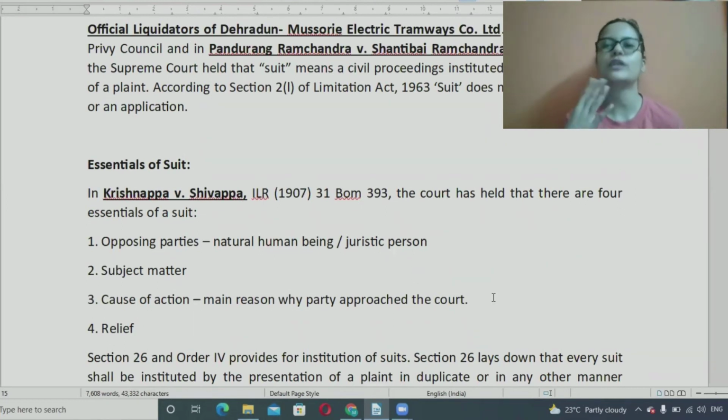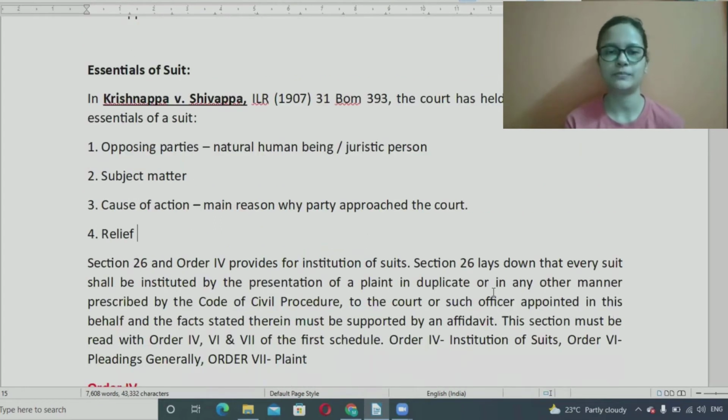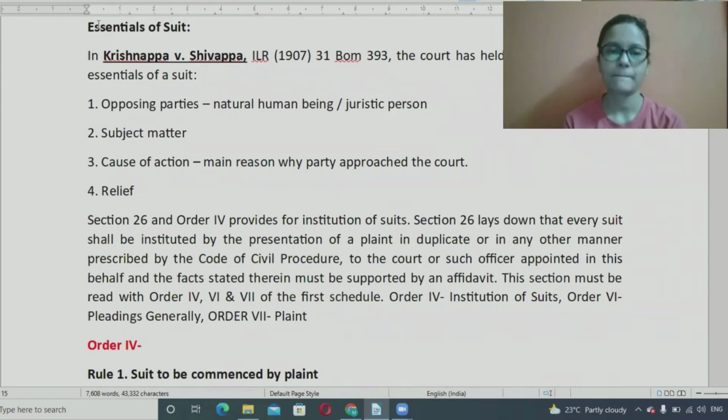So these are the four essential things that we need. There will be two parties, one going to the court against another. There will be some subject matter under which it will fall. There has to be a proper and valid cause of action, and fourthly, a remedy or relief which the party will claim. These are the main essential things in a suit which is being instituted in the court.